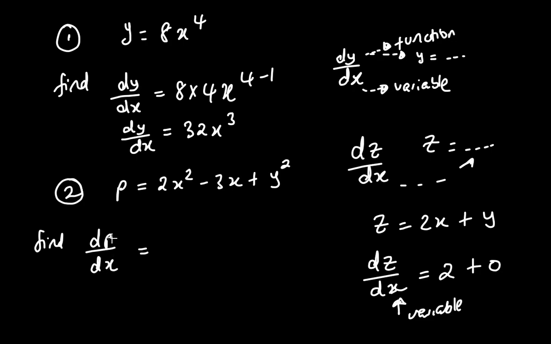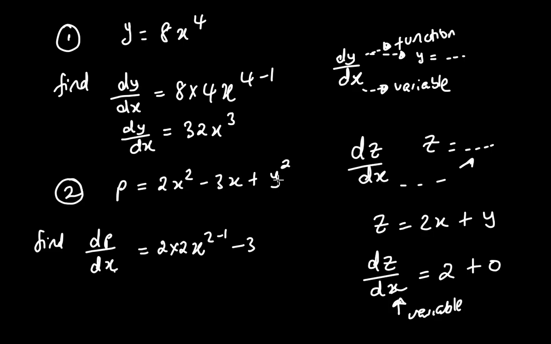What would be the answer there? dp means the equation is p is equal to something, and then dx means that x is the variable we're respecting. So you say this number times that number. You say 2 times 2, then x to the power 2 minus 1, the exponent minus 1. Then here the variable is x, right? We are respecting x, and remember the exponent is 1, so the derivative will just be the number in front, which is negative 3.